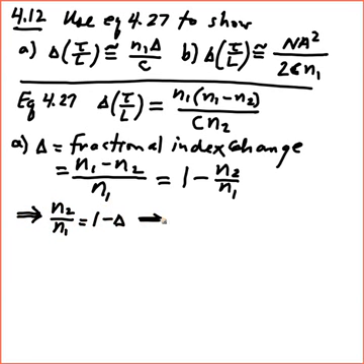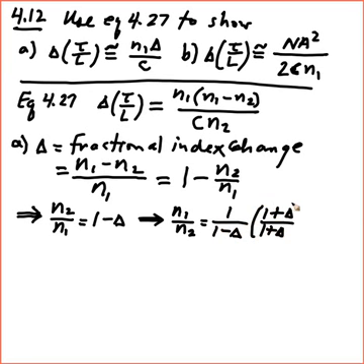And that implies further that n1 over n2 is 1 over 1 minus delta, but I can multiply that top and bottom by 1 plus delta, and that gives me 1 plus delta all over, and you see here the cross terms cancel.